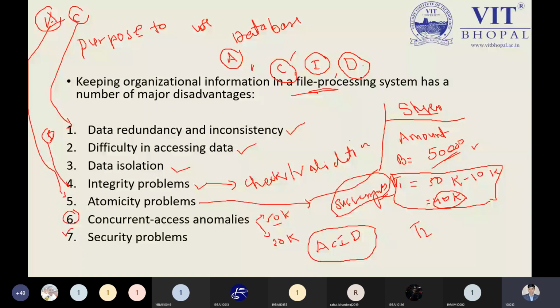Could you tell me what is meant by data isolation? If the student is not giving the answer in my class, definitely I will not count their attendance. So please avoid such things, or avoid the indisciplined way.